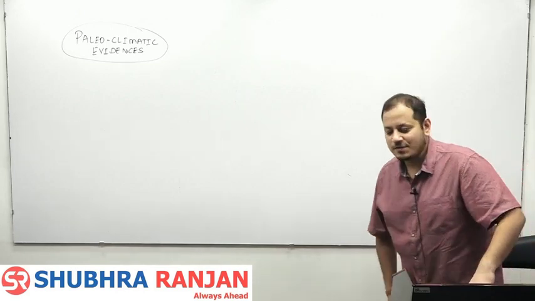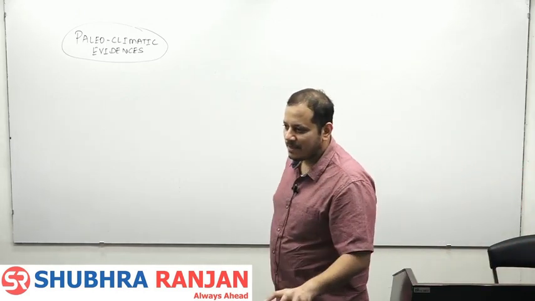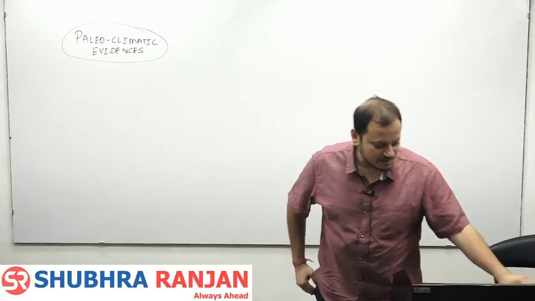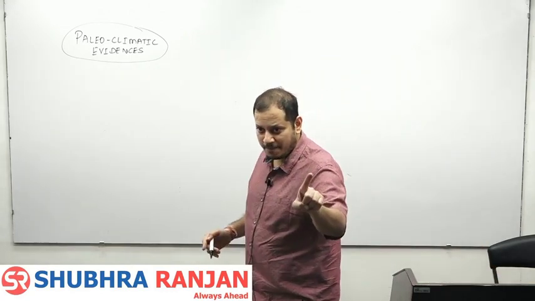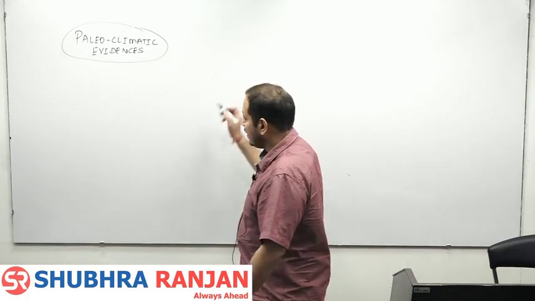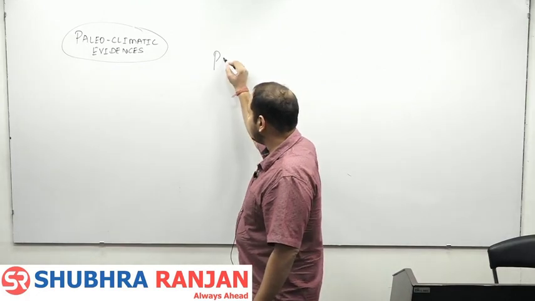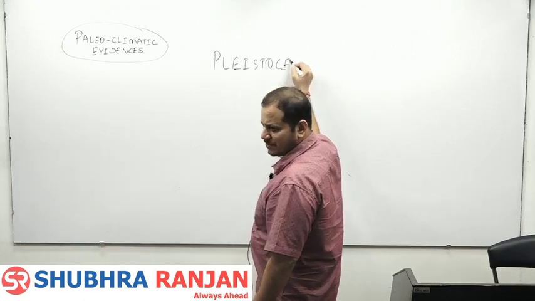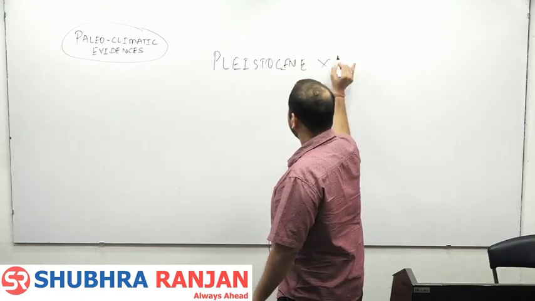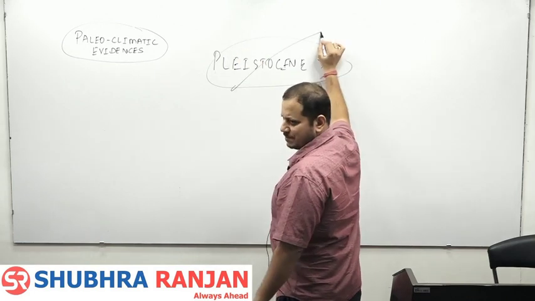So paleoclimatic evidences of continental drift is nothing but, we write an answer regarding the glaciation that has occurred in the old era. And therefore we will not write about the Pleistocene, because Pleistocene is very recent. We are not going to write about the Pleistocene glaciation.